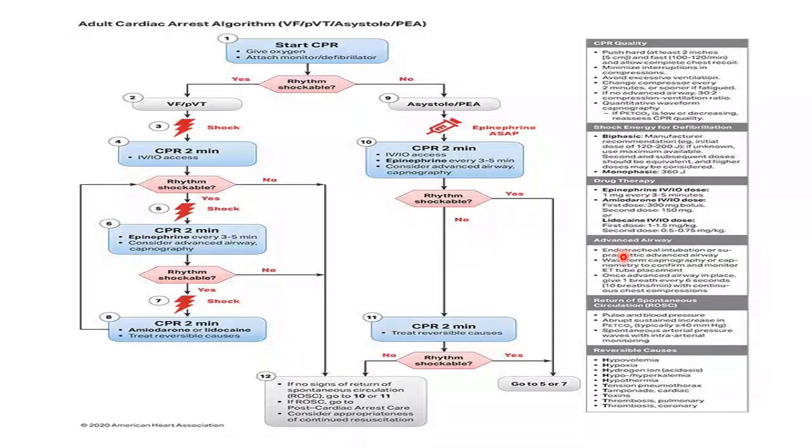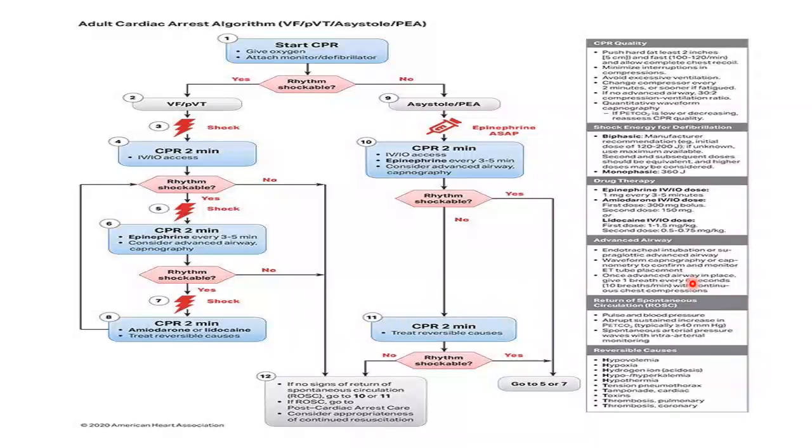Drugs I have already discussed. Advanced airway: endotracheal intubate the patient, or you can provide a supraglottic advanced airway also. Along with that, again use capnography to confirm and monitor the ET tube placement.